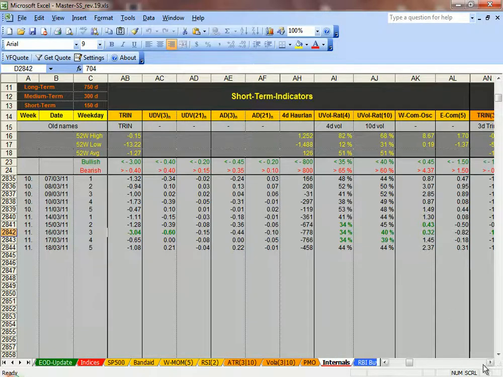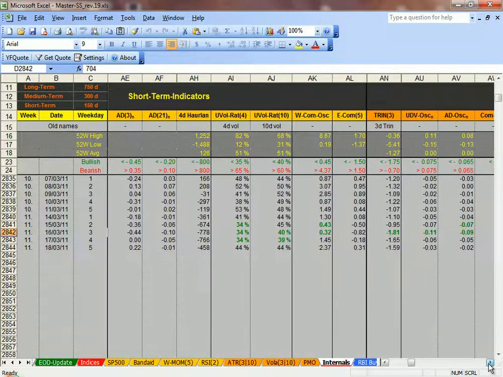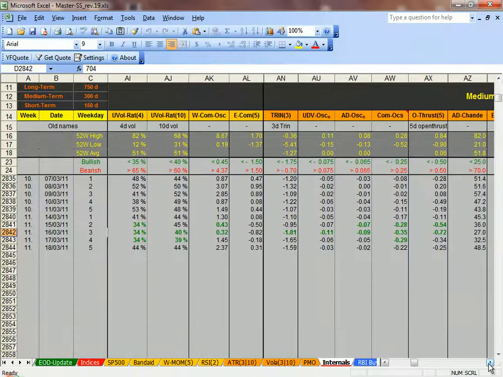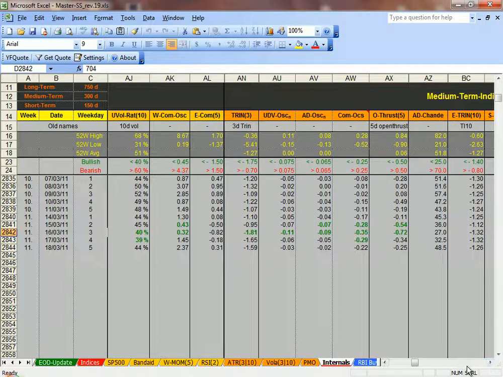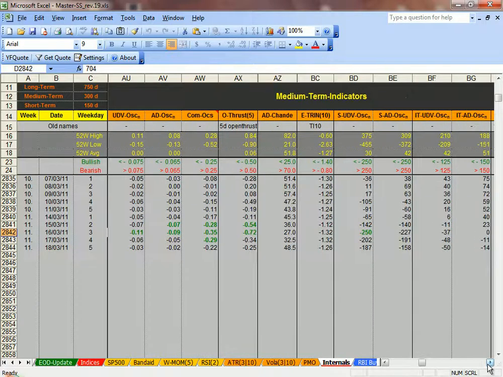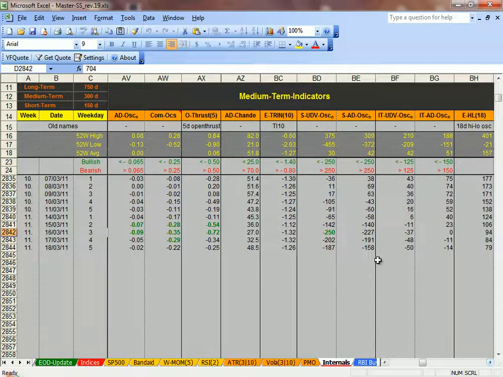So things are all lined up, a lot of greens on Thursday or Wednesday: the 30-day trend, all the up and down volume oscillators, my combo oscillator, open thrust. A little bit of everything across the page as far as short and medium term indicators, and you get a little bit of intermediate term oversold as well.